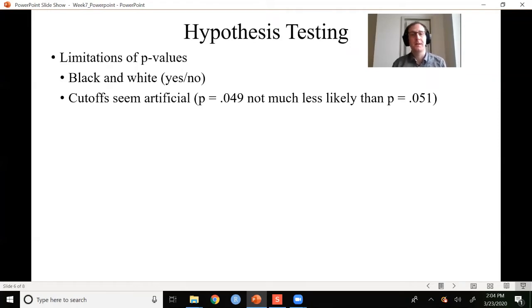doing hypothesis testing. So in this case, if you get a p-value of 0.049, that would suggest that the hypothesis is supported. You would reject the null hypothesis. If you have a p-value of 0.051, you would say that you retain the null hypothesis, that there was not any support for the alternative hypothesis, that there is some sort of difference.